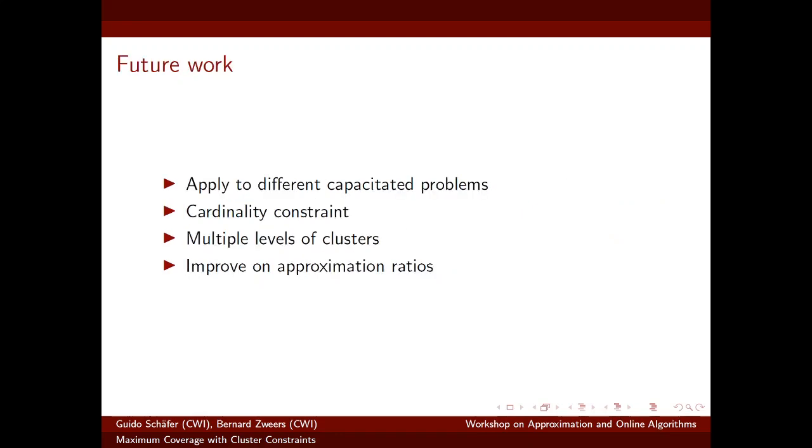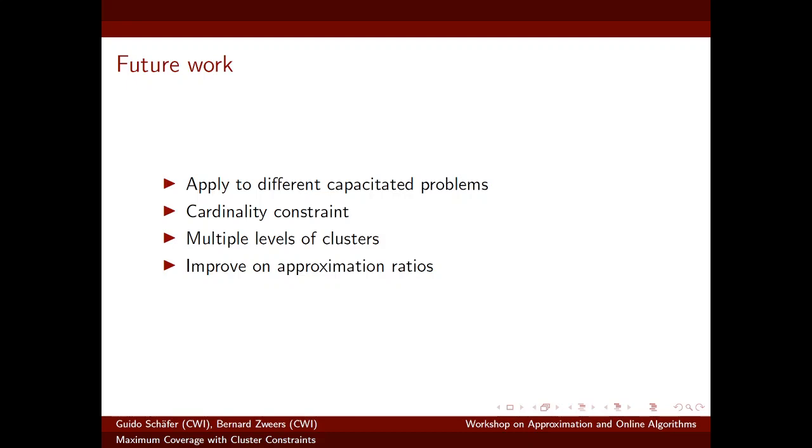And in future work, now we've just studied 2 problems with one level of capacity, but it's quite natural to extend these ideas to other problems with capacity constraints. For instance, we have some preliminary result that it also applies to the capacitated facility location problem.